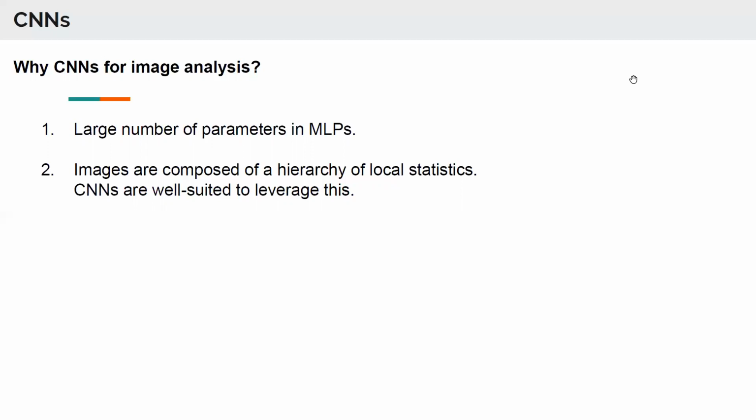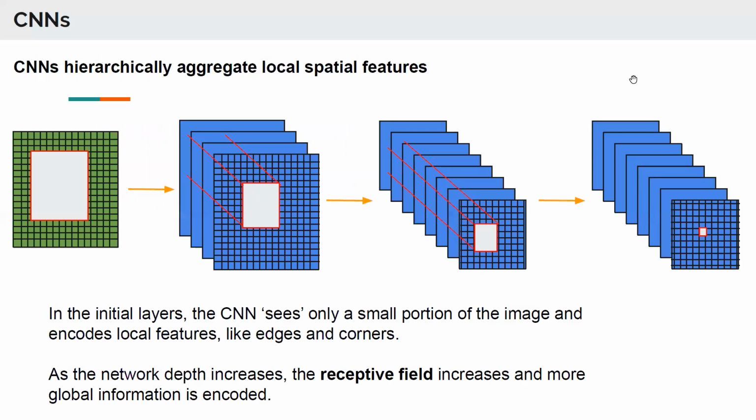So essentially, there is this hierarchy in images, and CNNs naturally can leverage this hierarchy. This is because, initially, in the first layer of the CNN, you have a 3 by 3 convolutional kernel or a 5 by 5 convolutional kernel, and the CNN sees only a small portion of the image.